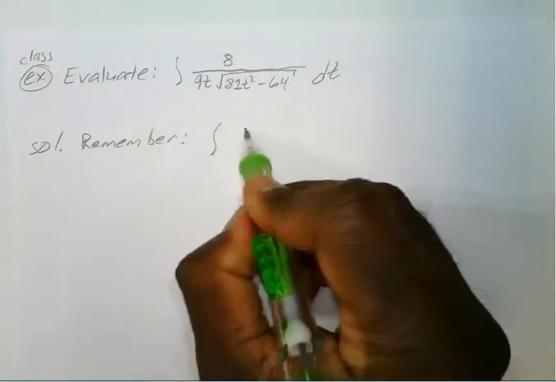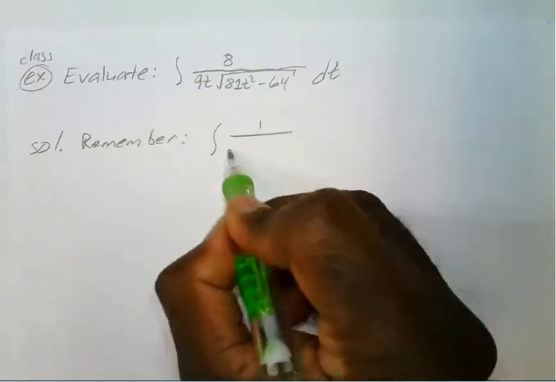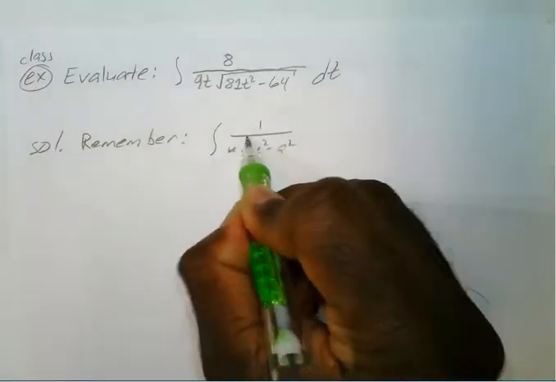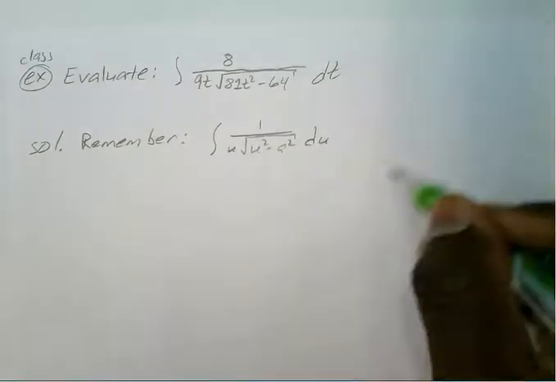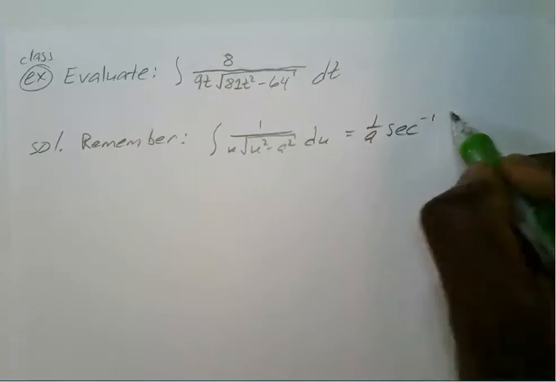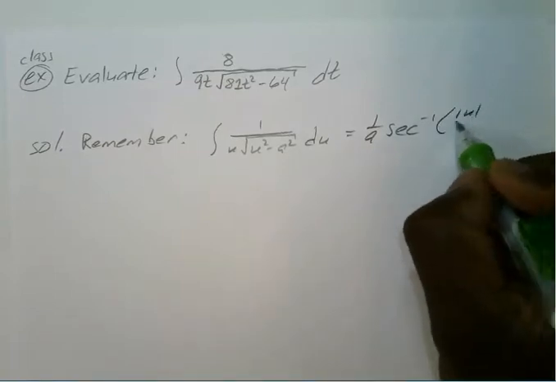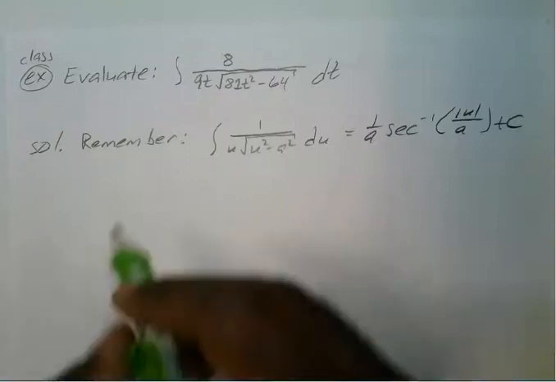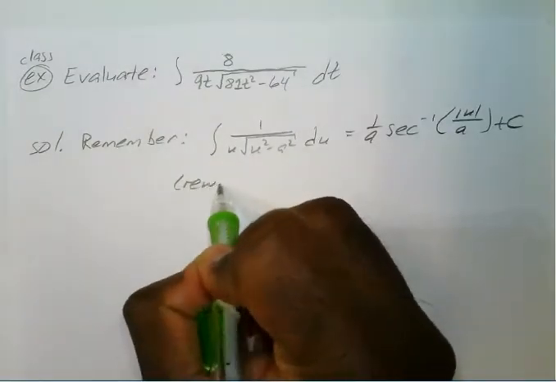Okay, so if you remember, this looks an awful lot like the integral of 1 over u times the square root of u squared minus a squared with respect to u. And we know that's equal to 1 over a secant inverse of the absolute value of u over a plus c. So we rewrite.